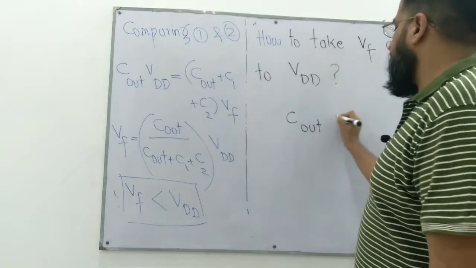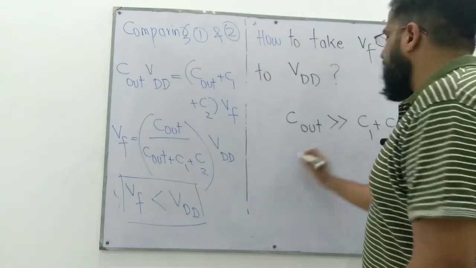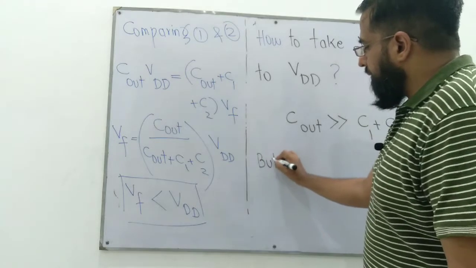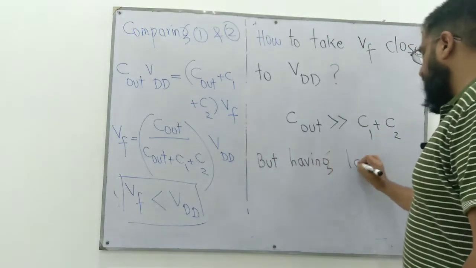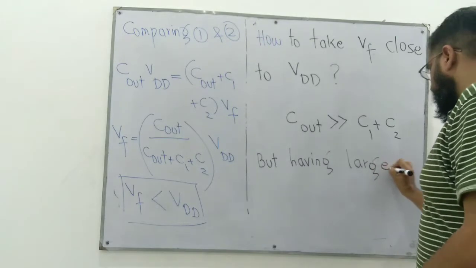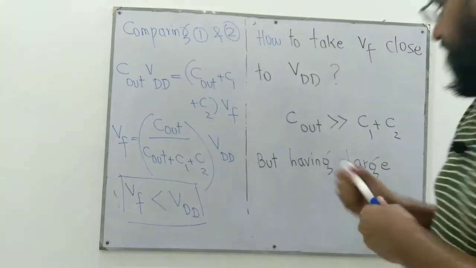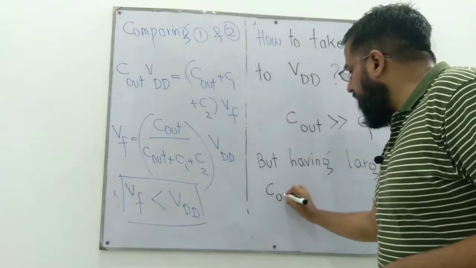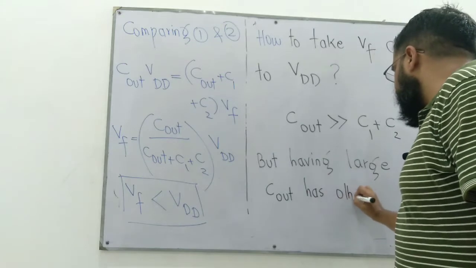For that, Cout should be much greater than C1 plus C2, but having a large Cout has other problems.